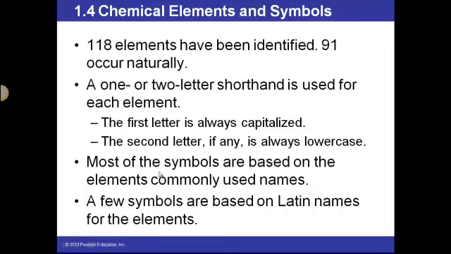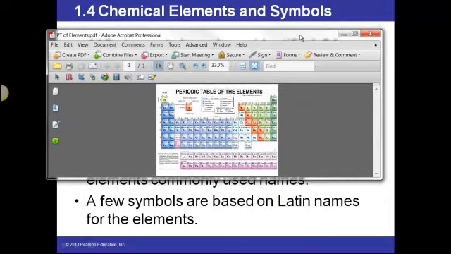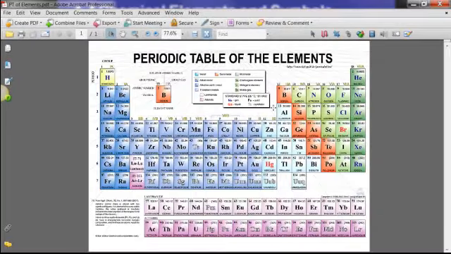Most of our symbols in the periodic table are based on the elements' commonly used names. A good example again is carbon, which is represented with the big C, very easy to remember. Nitrogen, oxygen, fluorine, chlorine, sulfur, phosphorus, all very good and representative. However, there are some that are named based on their Latin names.